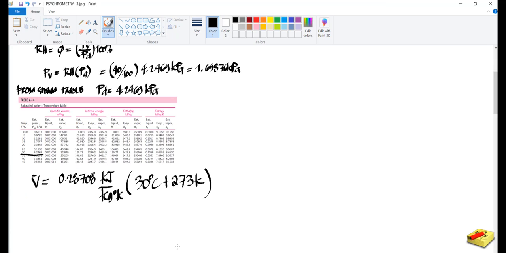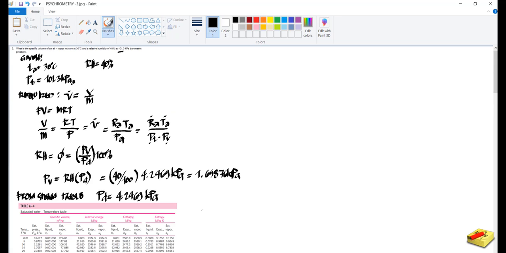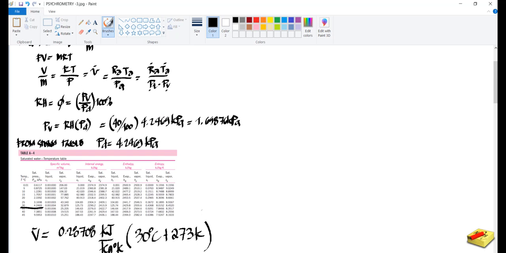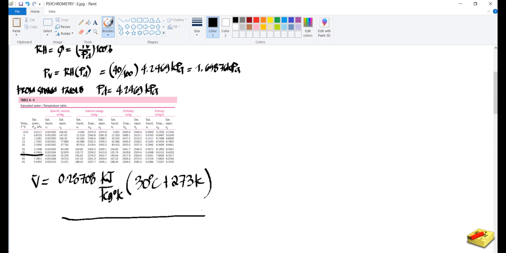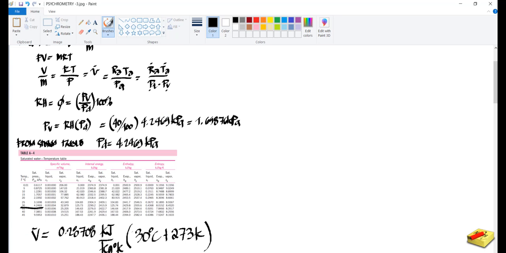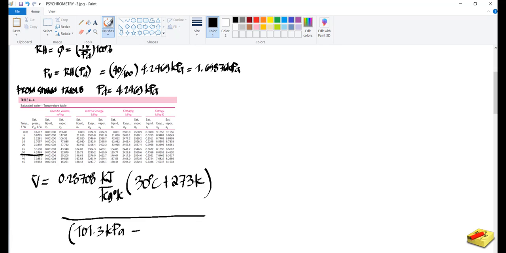Then we're going to divide by the change in partial pressure, so 101.3 kPa minus 1.69876 kPa.